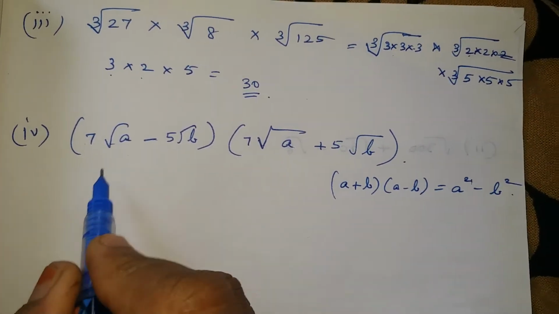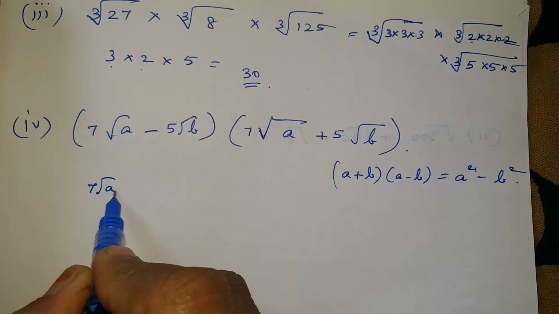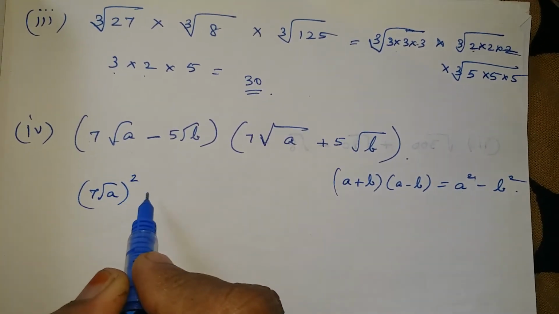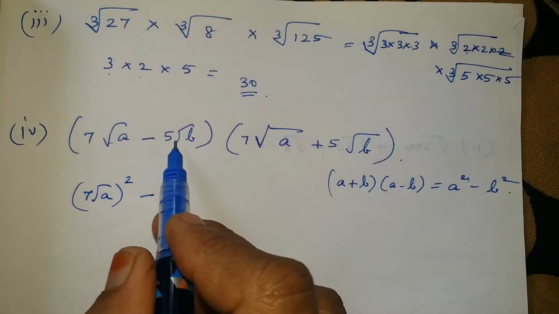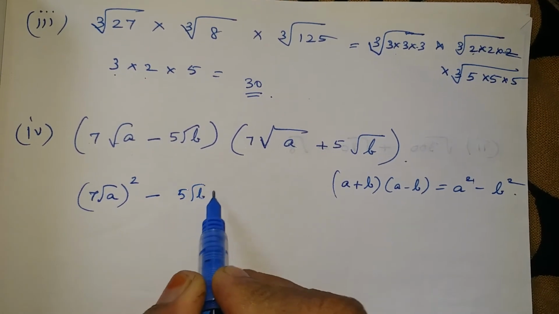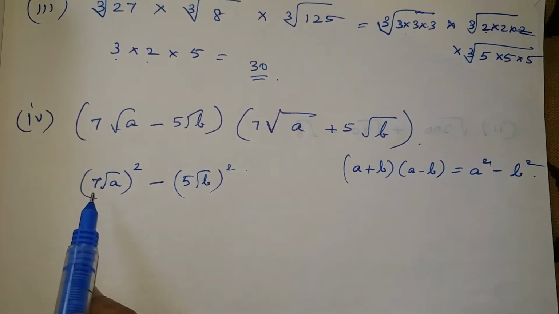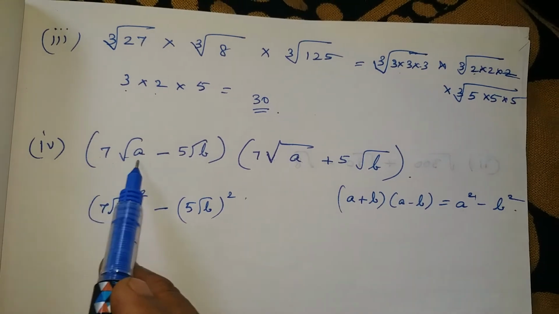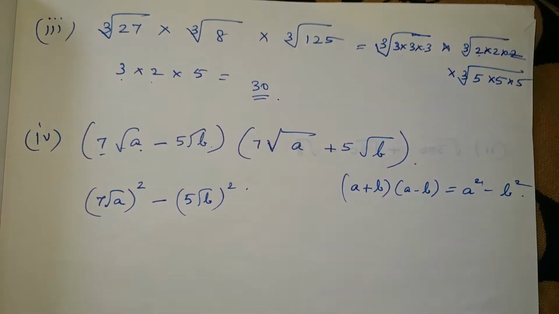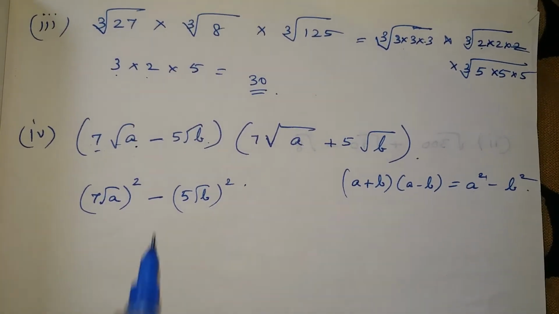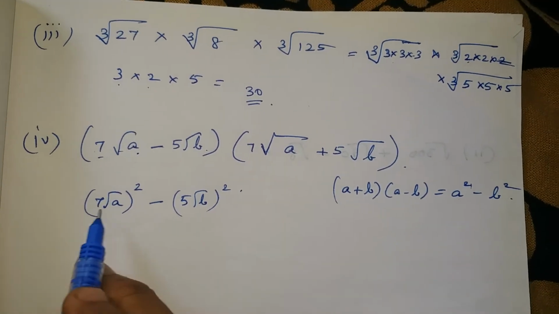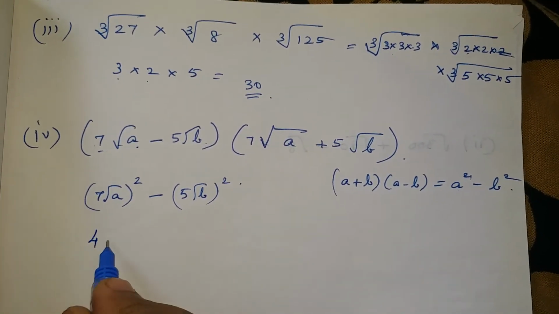So here a square, this value can be written as (7 root a) the whole square, minus b square, that is (5 root b) the whole square. Now you can expand this. 7 7s are 49.